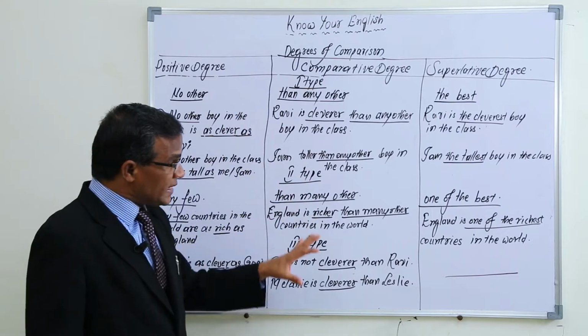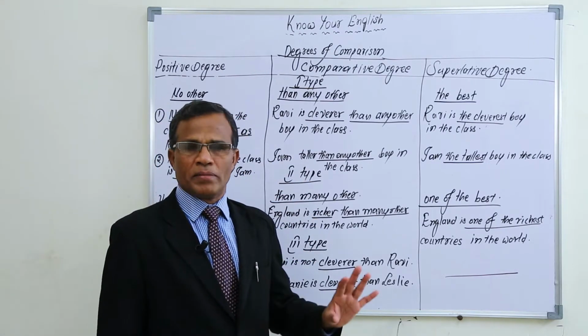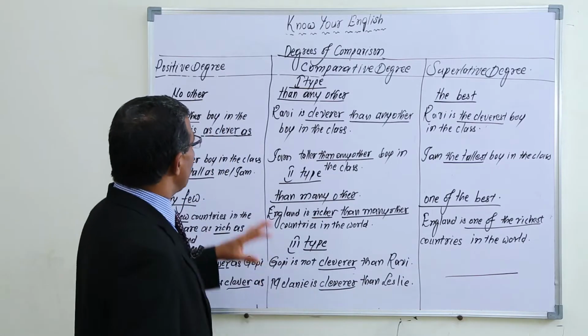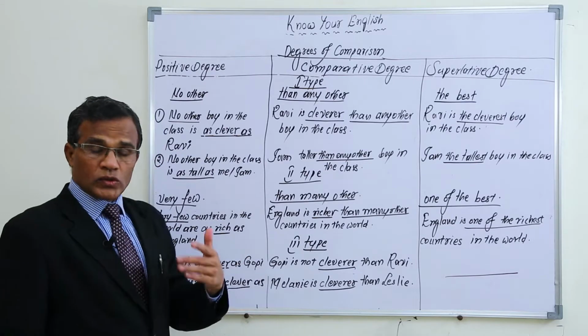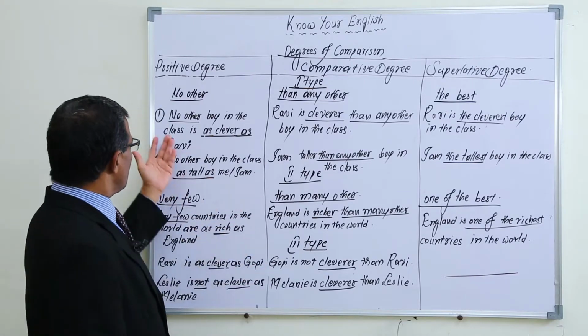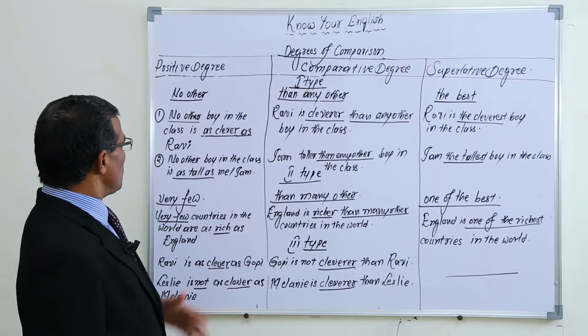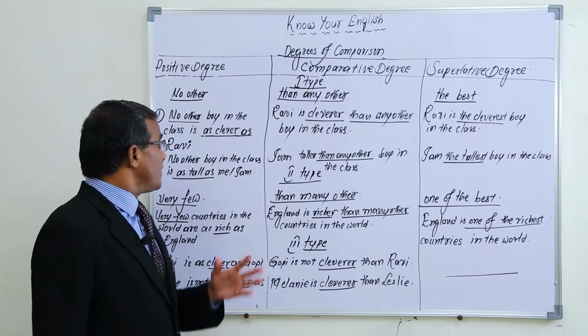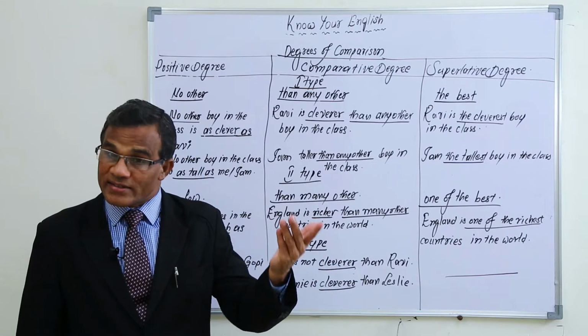So in these three types of sentences, generally in our day-to-day life, we find comparative degree forms. Now for example, if you want to use positive degree sentences, you can generally find them in these types. For example, no other boy in the class is as clever as Ravi. No other country in the world is as rich as America.